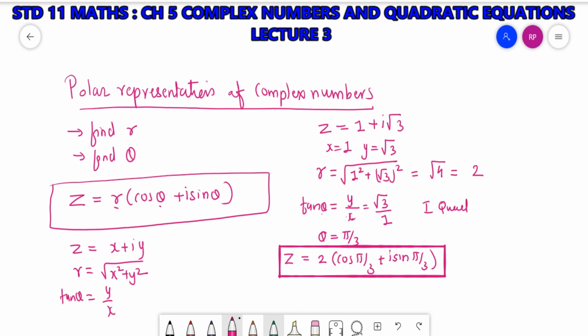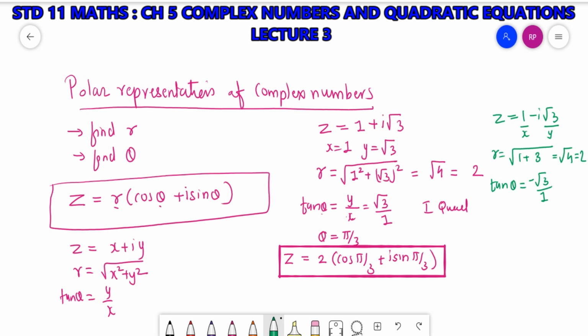Okay. Now let's take the same example, but now if z is equal to 1 minus i root 3, then again x equal to 1, y equal to minus root 3. So r will be equal to under root of 1 square plus minus root 3 square, that is root 4, and that will be equal to 2. But now see tan theta, again it will be minus root 3 by 1.